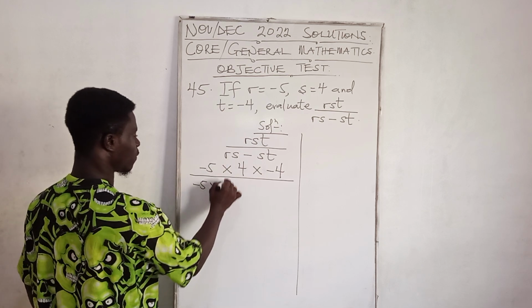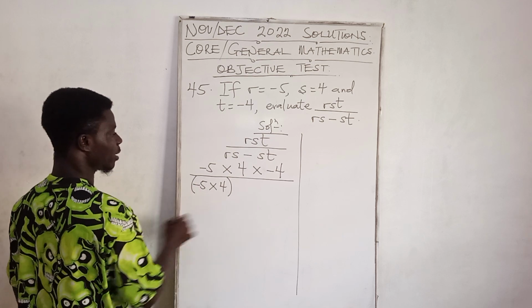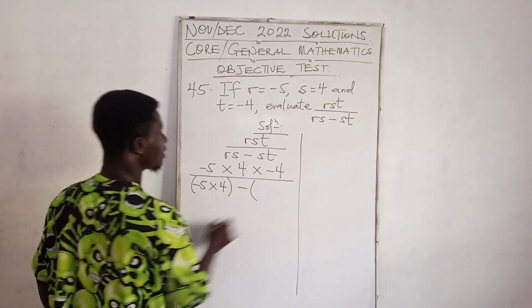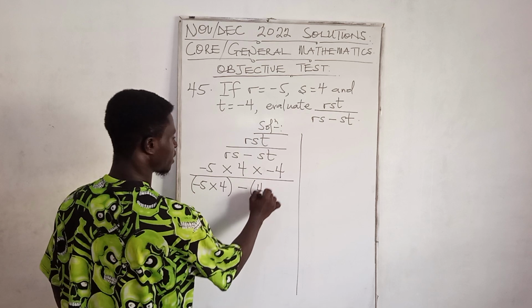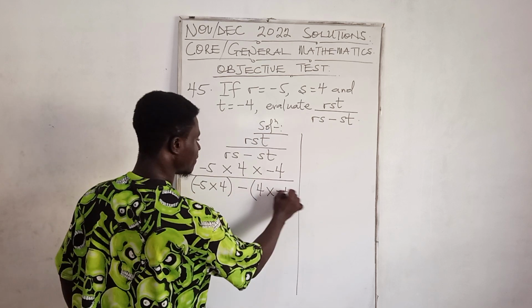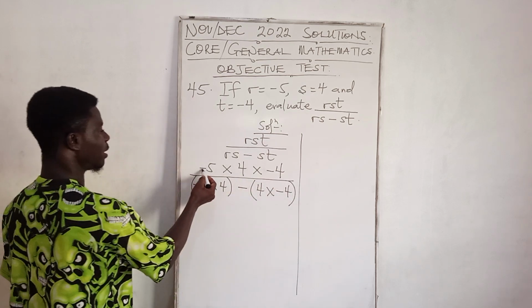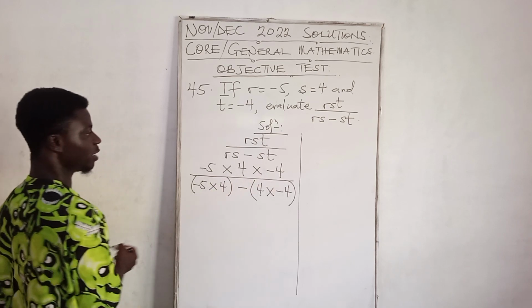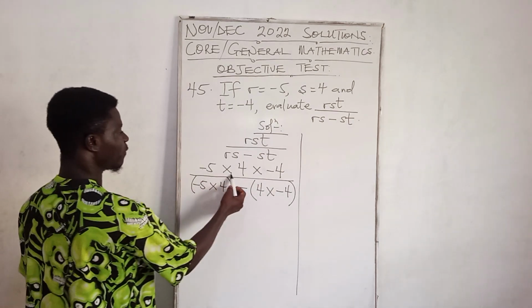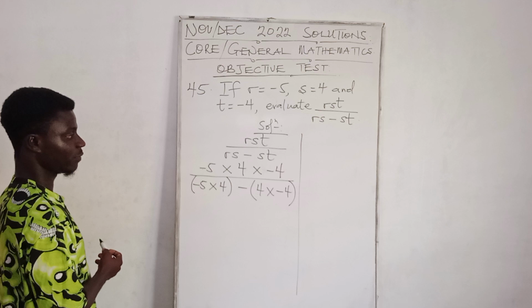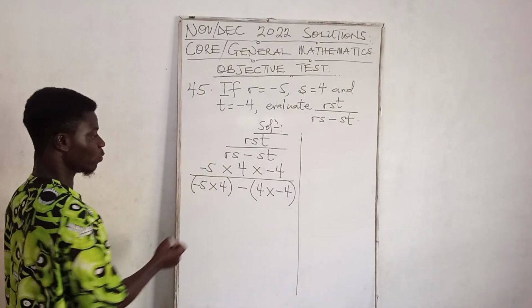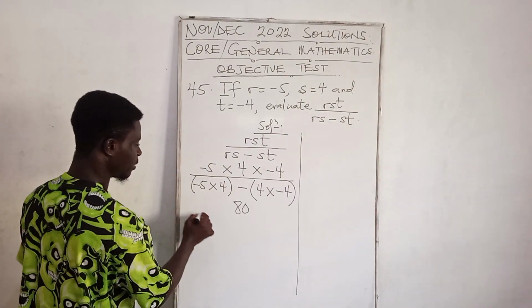s is 4. So we can put this in brackets. Then we have our minus. s is 4 times t, negative 4. So now, negative times negative, which gives us what? Positive. 5 times 4 is what? 20, right? Then 20 times 4, which is what? 80.